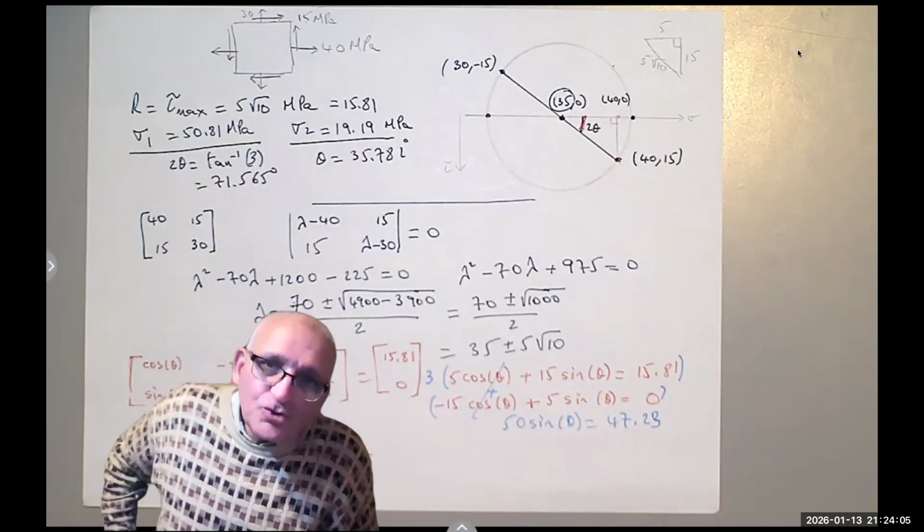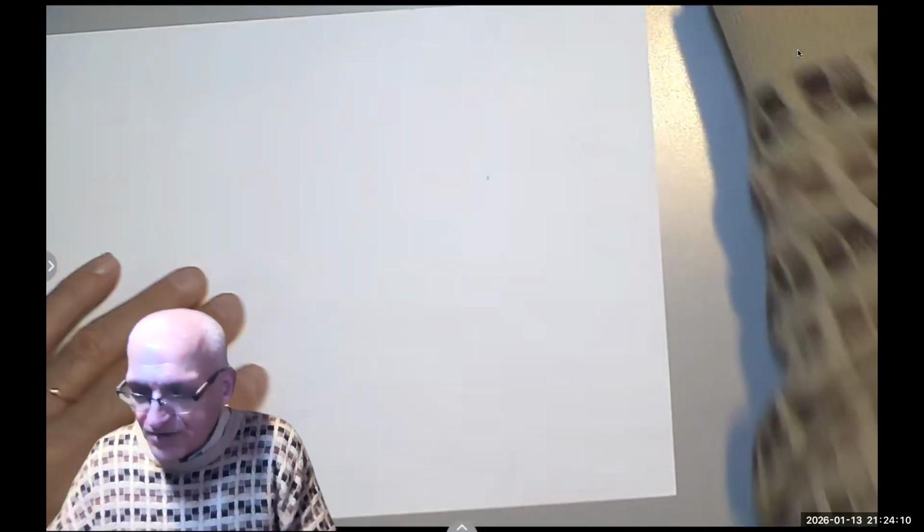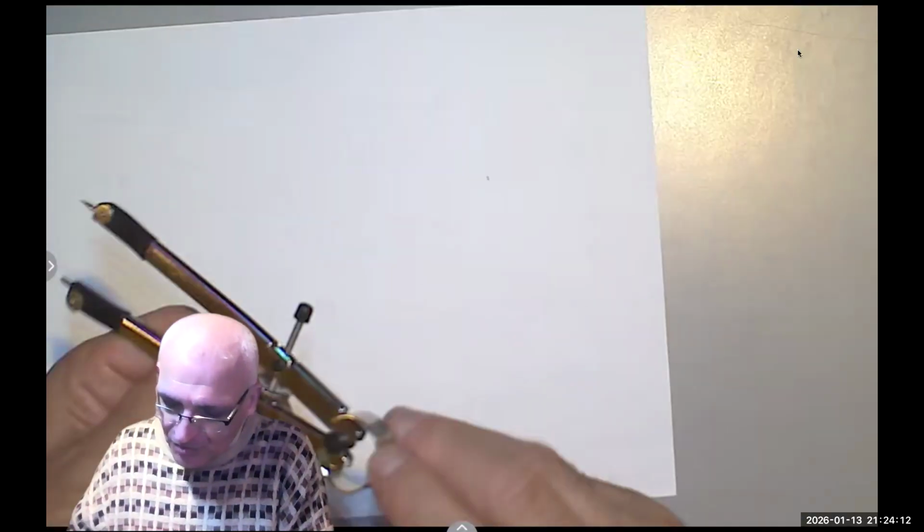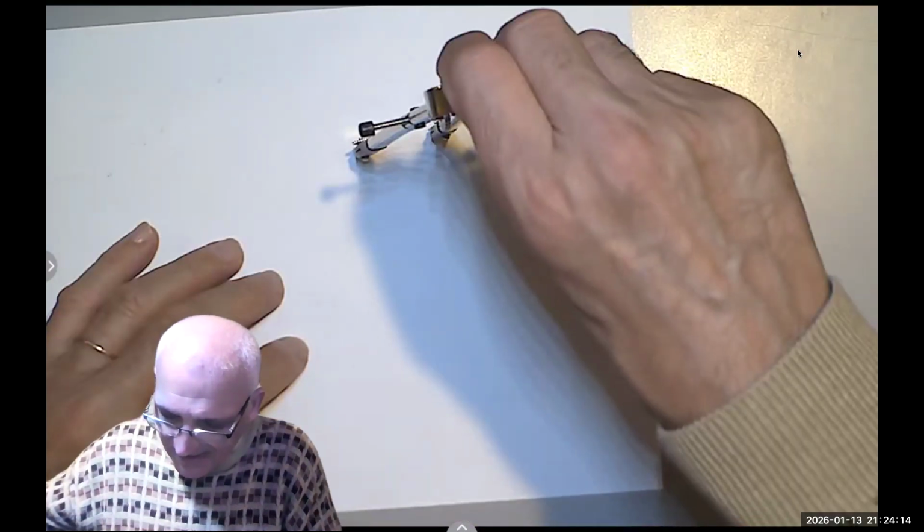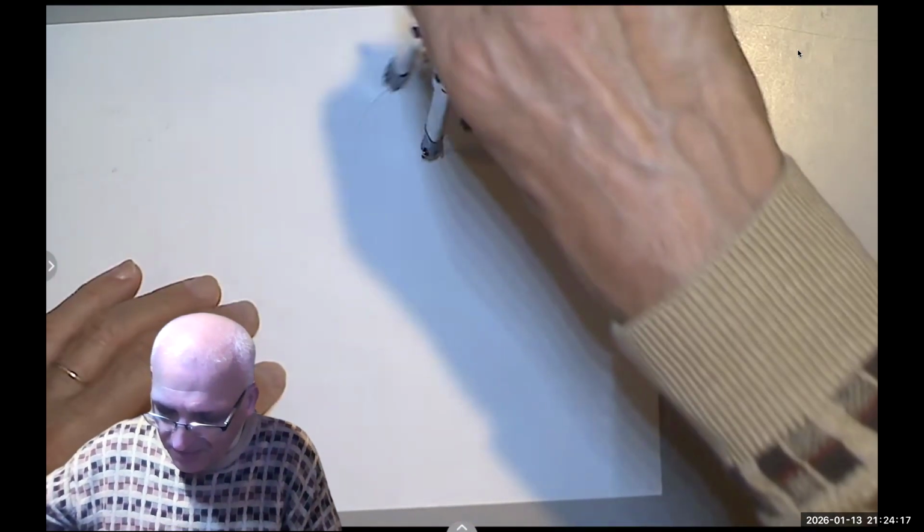I kept this to show you something. Let's redraw the Mohr circle. I kept the page so that we use the same numbers.